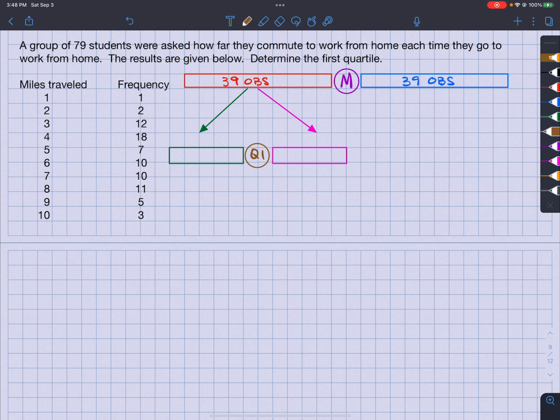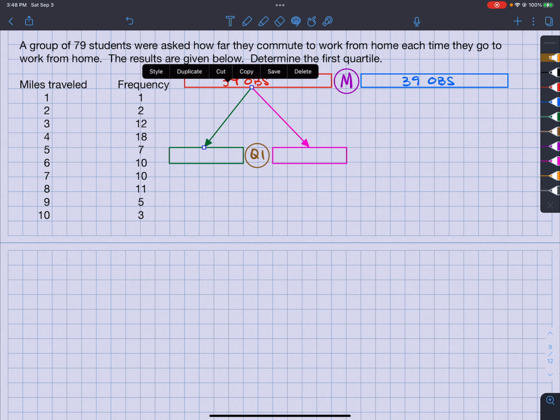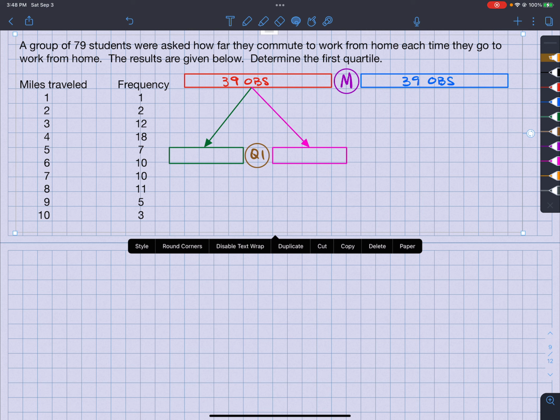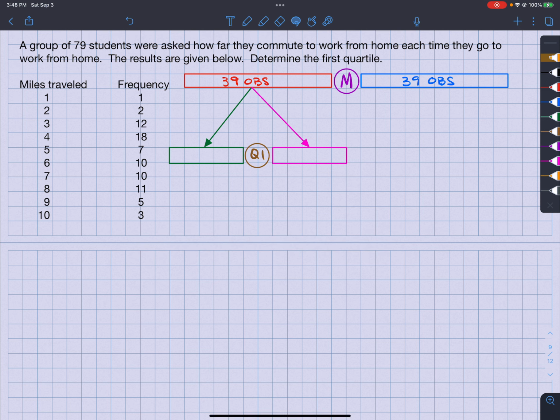So if I had 39 observations and I was to split that up, how many is going to be to the left of me and how many to the right of me? I can't do 20 and 20 because that would be 40 observations. So how about 19 and 19, which gives me 38.